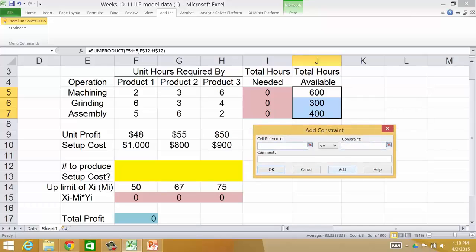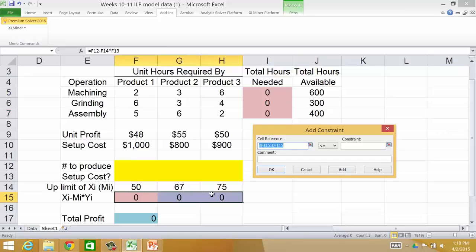Add the xi minus the mi times yi needs to be less than or equal to 0. Zero is the only time that we put a value directly in the constraint table. Otherwise, we always use a cell to contain the numerical value and refer to that cell in this solver window.